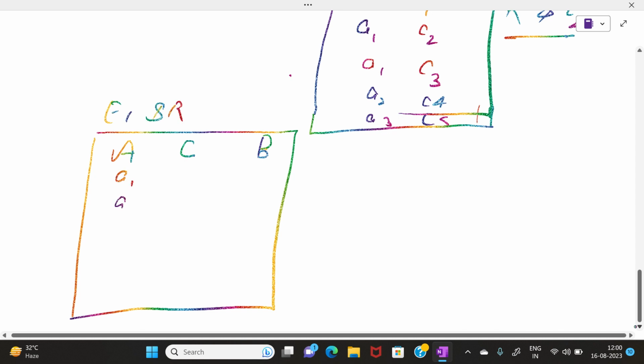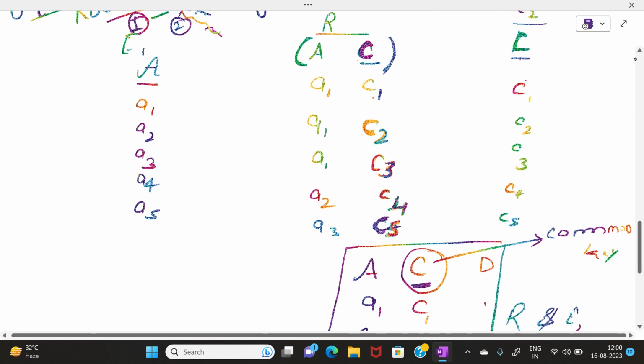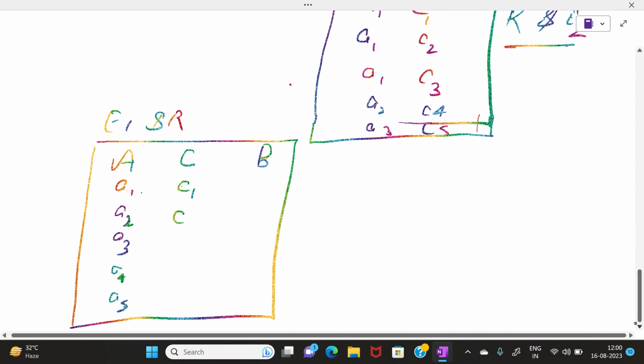So A1, A2, A3, A4, A5. Now for A1, we have the value C1. For A2 we have C4 and for A3 we have C5. Now, let's say there will be null values for these two.